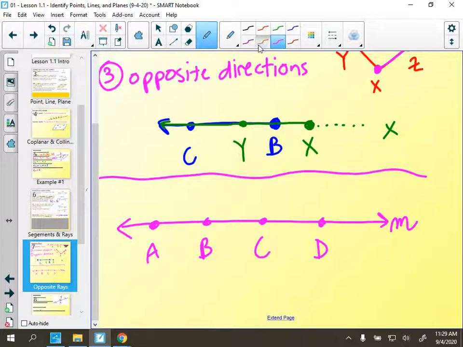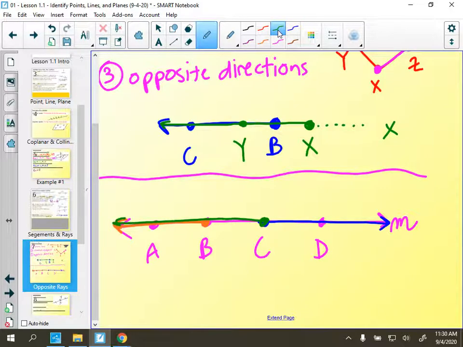And we've got a bunch of rays. We've got ray BA, for example, if I wanted to describe everything starting at B going in that direction. I have ray CD. Okay, I've got ray CB, and those would all be different.